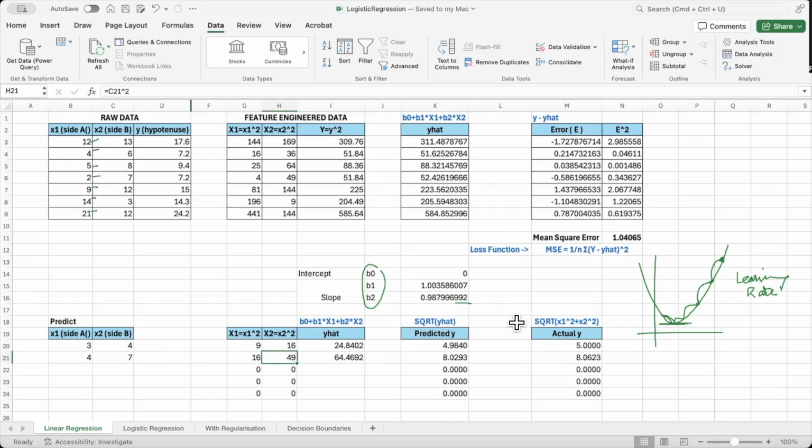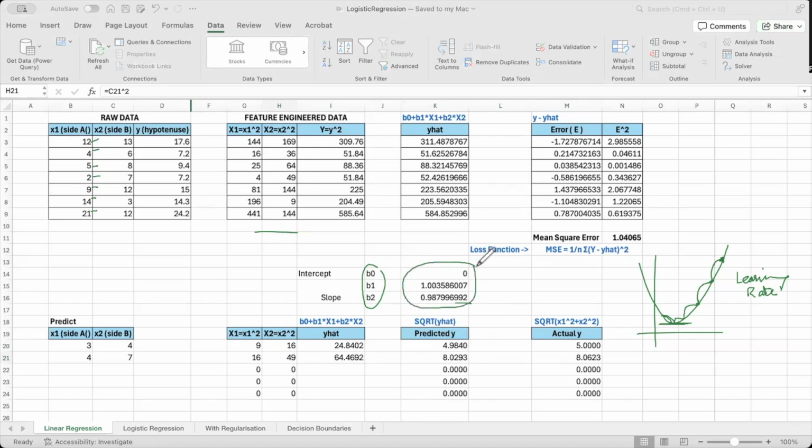So let us understand a few important things that we have discussed. That is, we may require to sometimes engineer features. That is number one. Then we have to have these coefficients, which we have to estimate in a linear model. The coefficients, we start with an arbitrary value, and then we create a loss function.